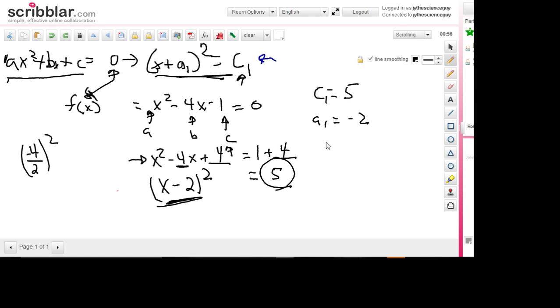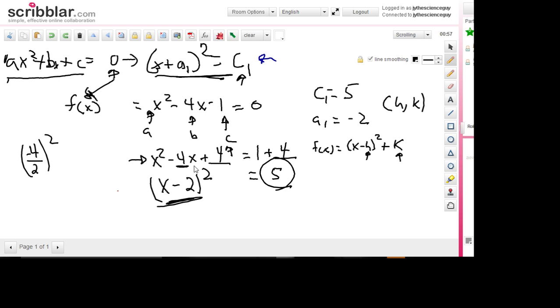Normally when you have the equation in vertex form, it looks like this. f of x is equal to x minus h plus k. This number represents the x coordinate, and this number represents the y, so your vertex is at h, comma, k. Does that look familiar? Yeah.